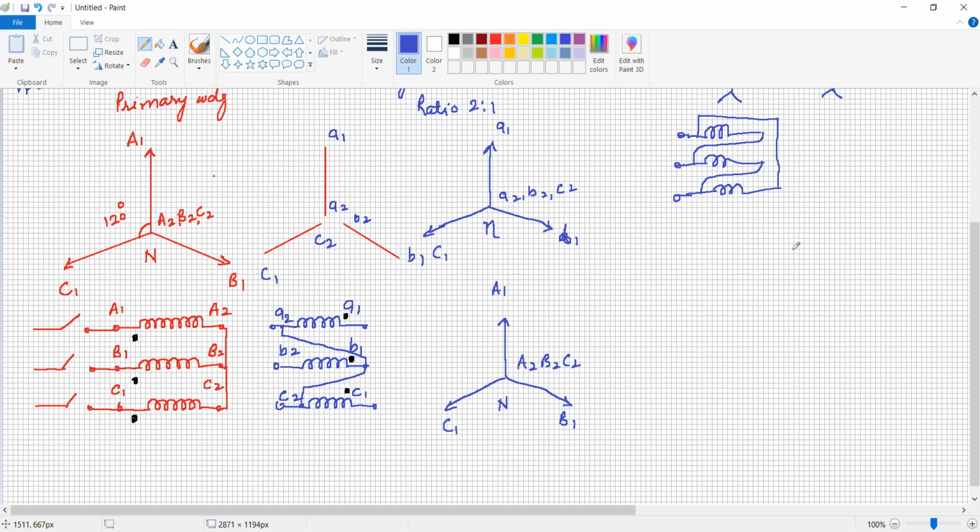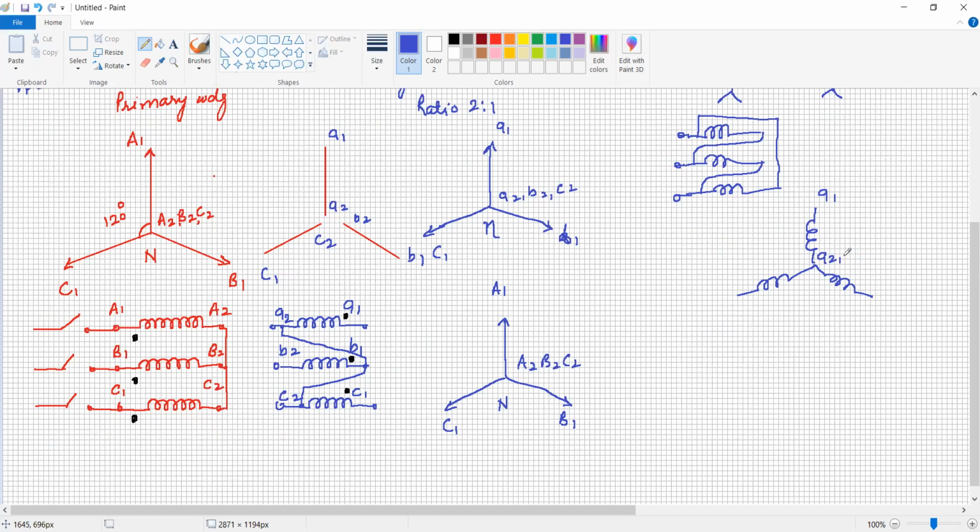See here, I will draw a connections diagram. Say this is a star connection. Okay. Now, what is the notations here? It is A1, B2 is connected to C1. It is A2.